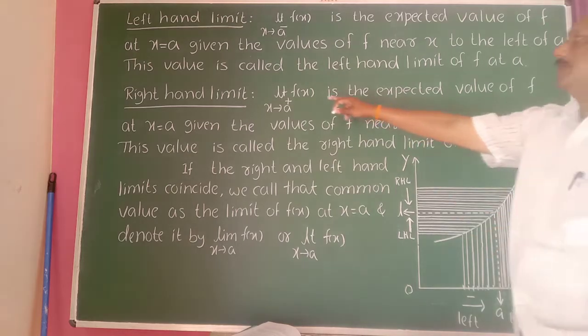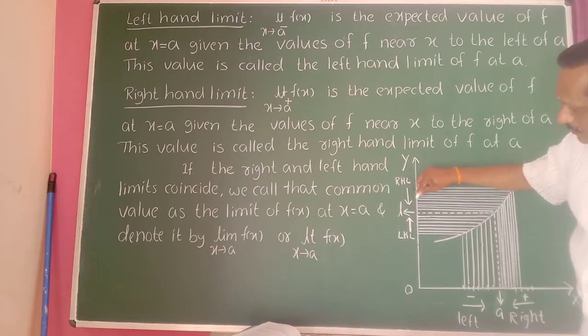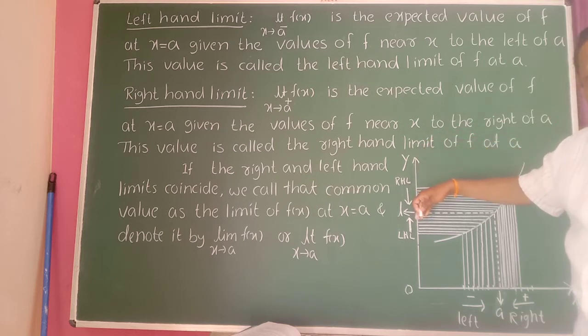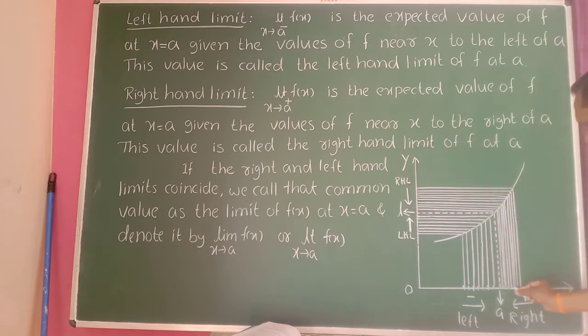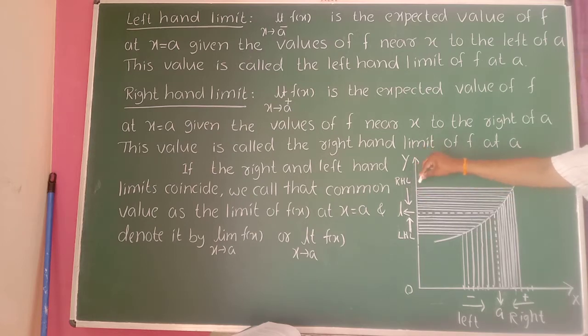Therefore, limit f of x as x tending to A plus is the expected value of f at x equal to A given the values of f near x to the right of A. This value is called the right hand limit of f at A. When you take values from the right hand side nearer to A, this value tends to L from the upper to the lower side. Therefore, this is called a right hand limit.